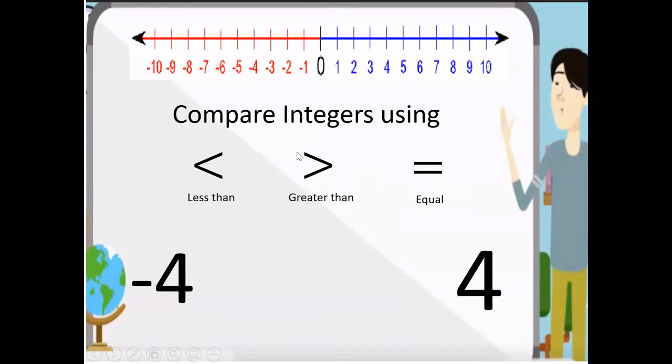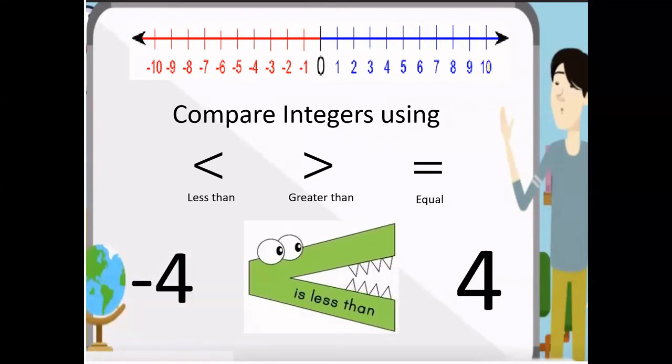A crocodile wants to eat, or consume, the bigger number. Which one is the bigger number here? Is it -4 or 4? Yes, it's 4, or +4. So the crocodile is gonna eat or consume the bigger number, which is 4.